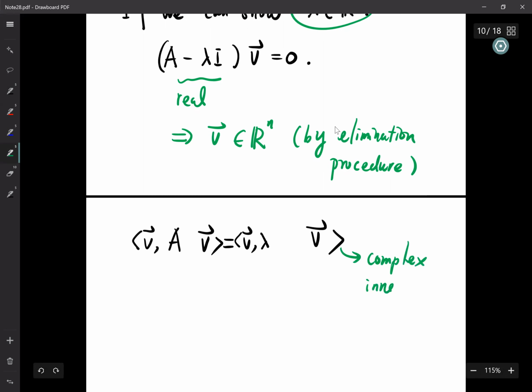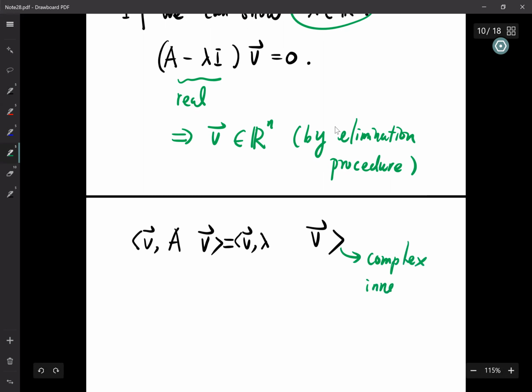On the left-hand side, this is v star A v, right? Okay, so now I got this equation, which is v star A v equals lambda v star v. Any question?